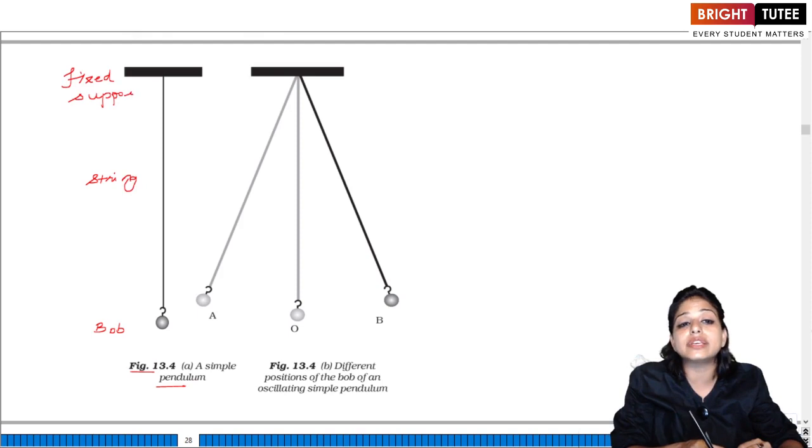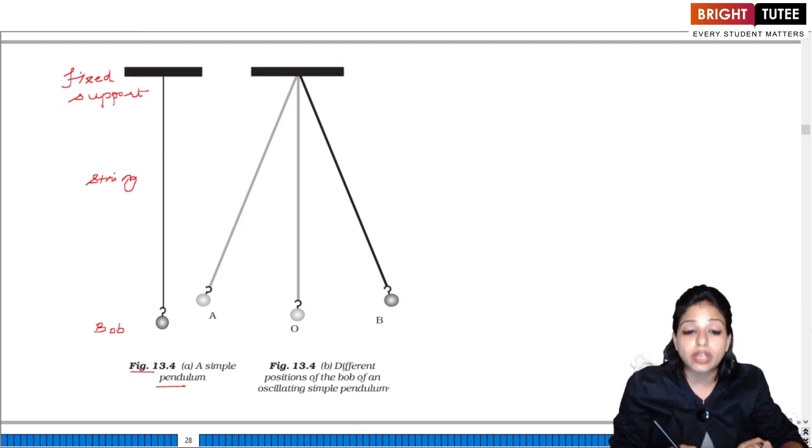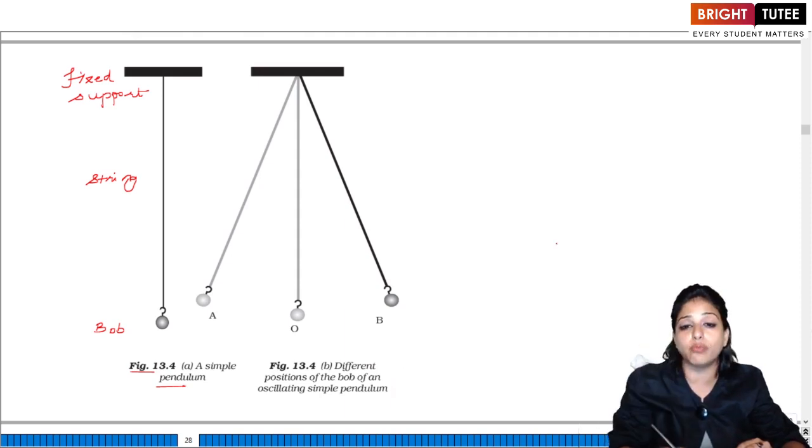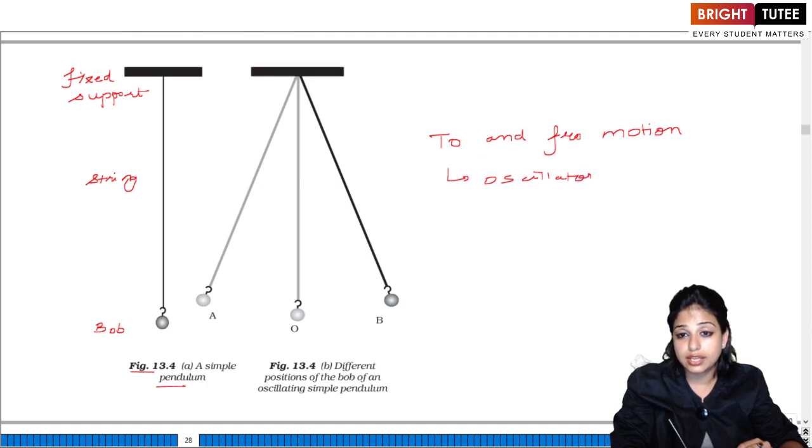It starts executing simple oscillatory or periodic motion. What is oscillatory? The same to and fro motion. So what you see a pendulum doing is called the to and fro motion. It is periodic in nature and we call it oscillatory motion as well.